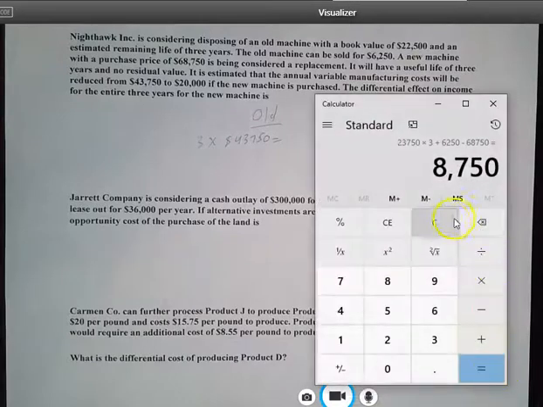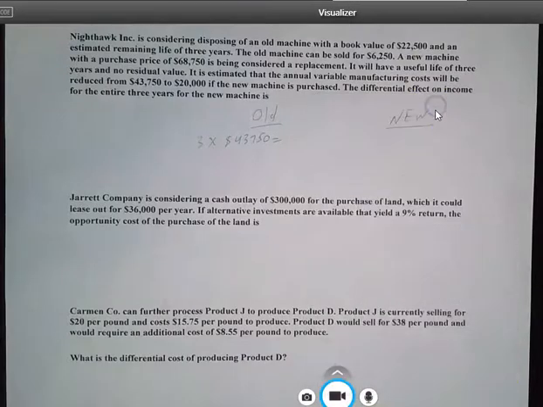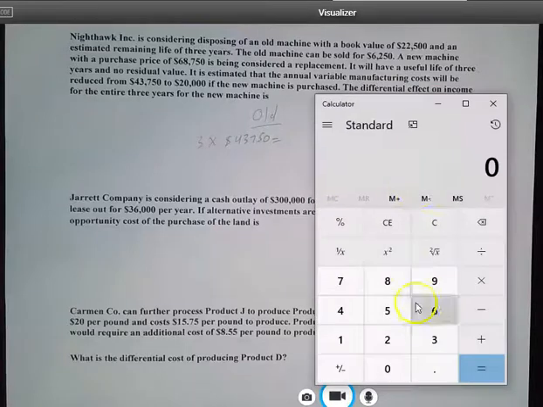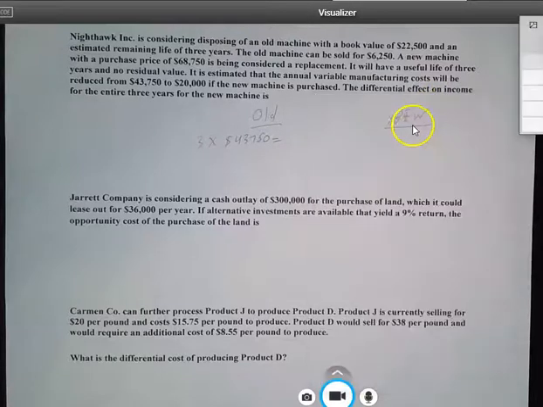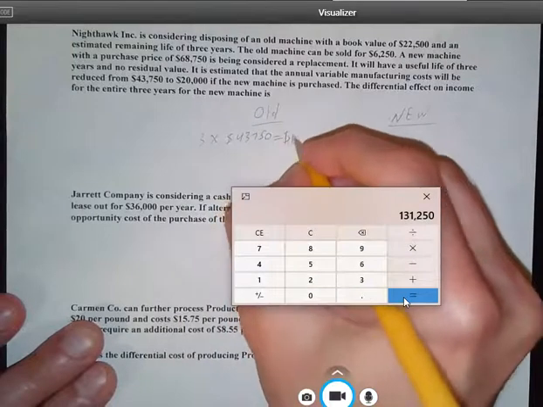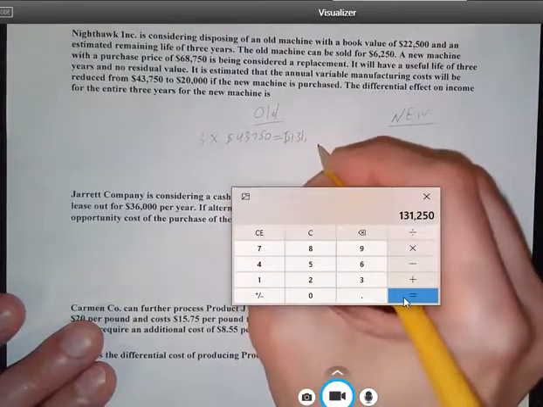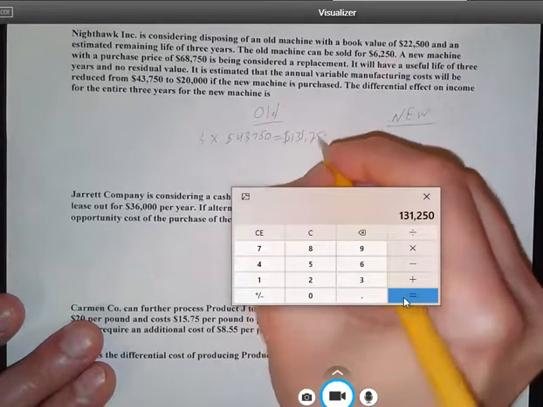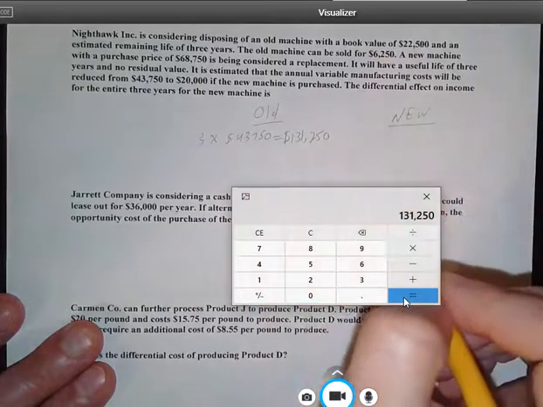And let's just take a look here and see what we have. If we take 43,750 times 3, we come up with $131,250.